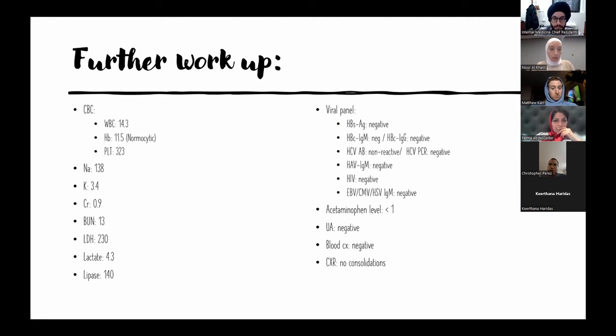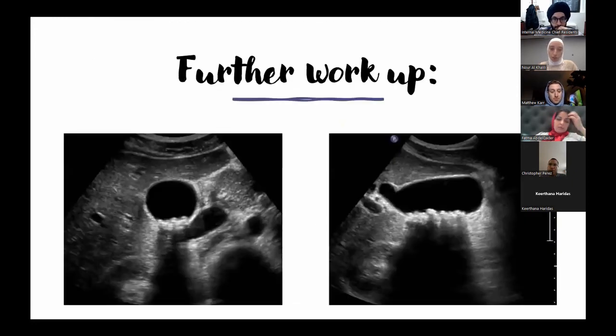In regard to the rest of the labs, she has a high white count. She has a lactate of 4.3. Her lipase is 140. Viral panel was mostly negative. Acetaminophen level was negative, blood culture negative, and chest X-ray negative. Here's the ultrasound. Anyone want to comment on this?